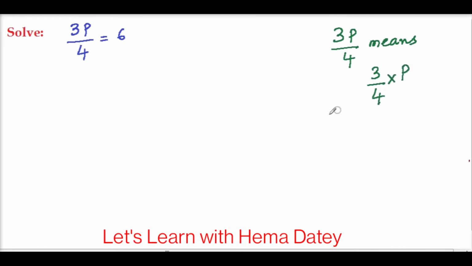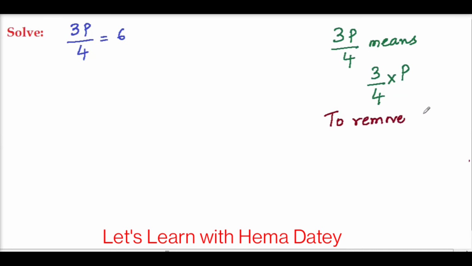Solve 3p by 4 equals 6. 3p by 4 means 3 by 4 multiplied by p. We can also write it in this way.